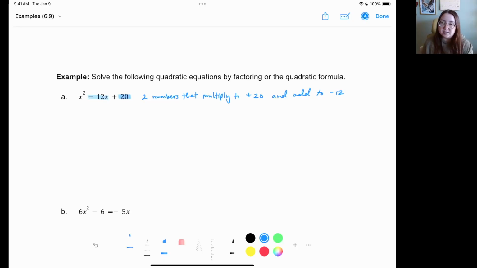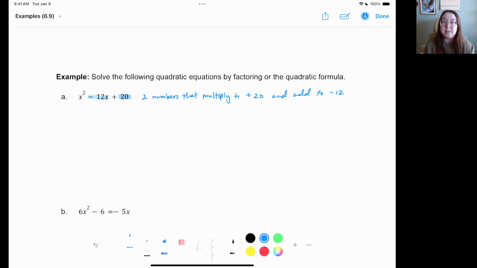And so since it's positive 20, that means that it has to be both positive or both negative. If they were both positive numbers, they would add to a positive number. So we're pretty much stuck with this being two negative numbers since it adds to a negative number. So it may take us a while to think through all the different numbers that multiply out to 20. So this may be 1 and 20.